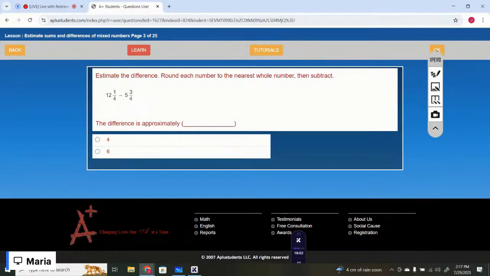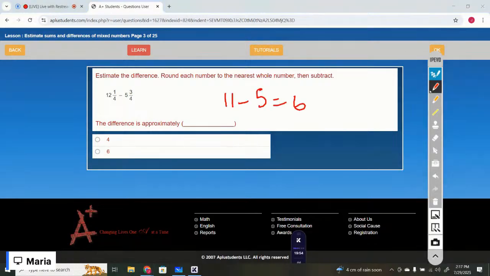Okay, the next one is 12 whole 1 by 4 minus 5 whole 3 by 4. So 12 whole 1 over 4. 1 over 4 is less than half. So you need to round on the same number. Now 5 whole 3 by 4. 3 by 4 is more than half. So you need to round it to 6. So 12 minus 6 is 6.